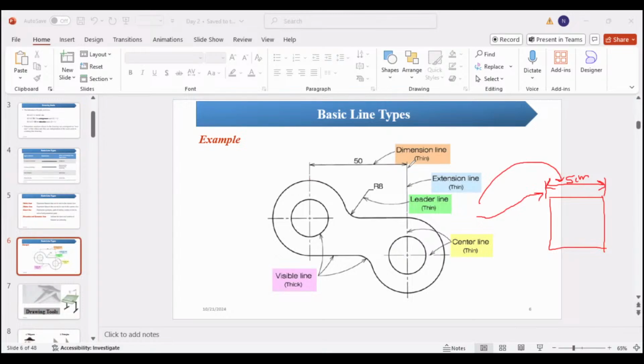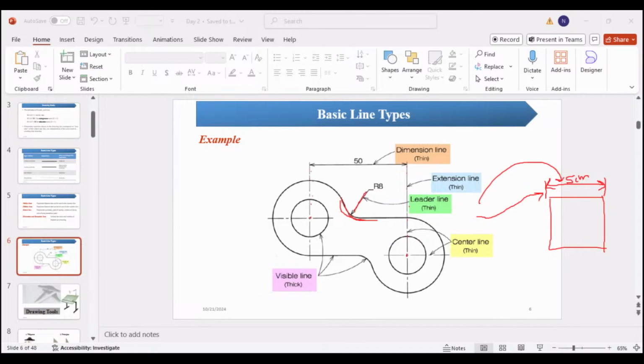This is a thin line. Extension line means we extend that length to some extent like this. And here this is the leader line. See? Here the radius of this curve is R8. So that is a leader line.